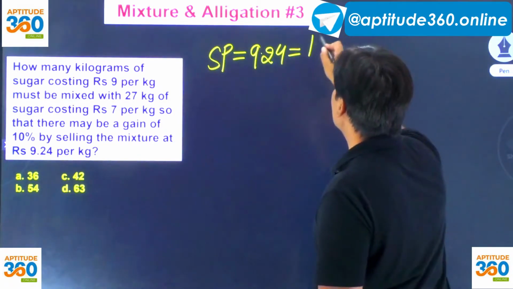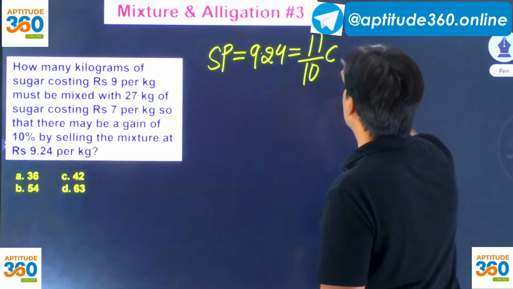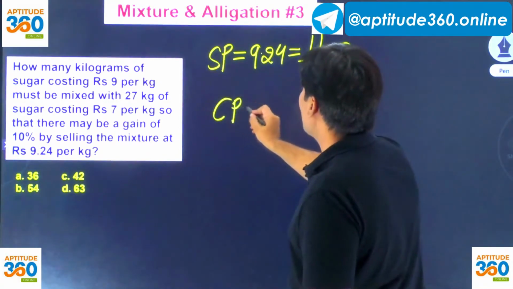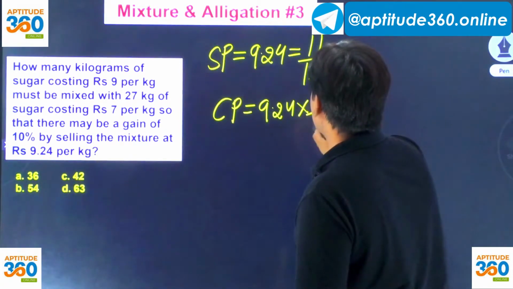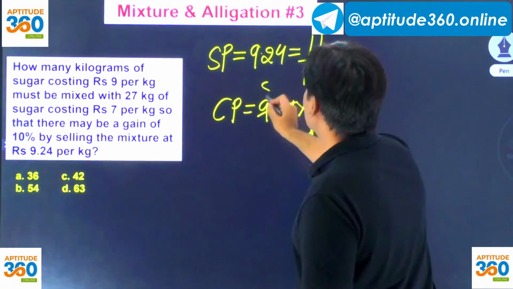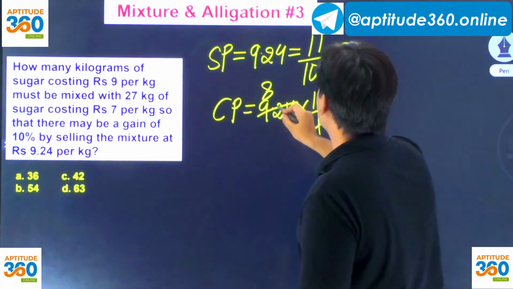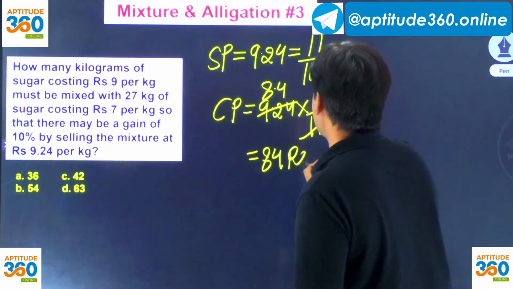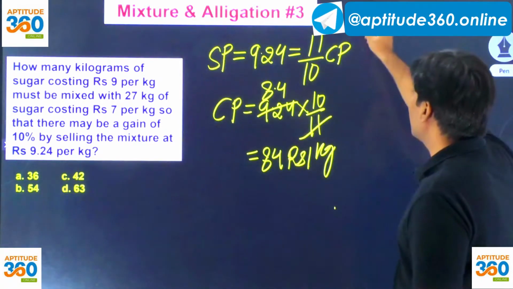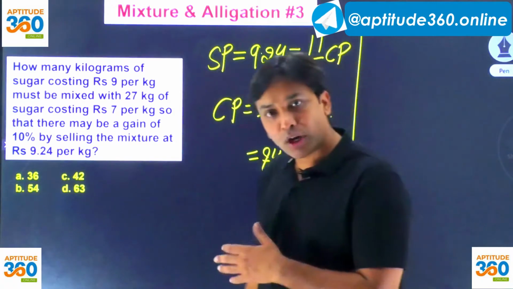So this is 11 by 10 CP. So what is going to be cost price of this mixture? 9.24 into 10 by 11. And if you simplify this thing, this is 8.4, and cost price of the mixture comes out as 8.4 rupees per kilogram. That's step number 1. ये तो आपको करना ही पड़ेगा.